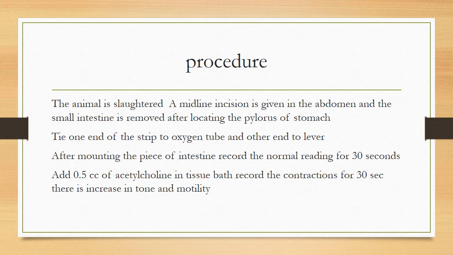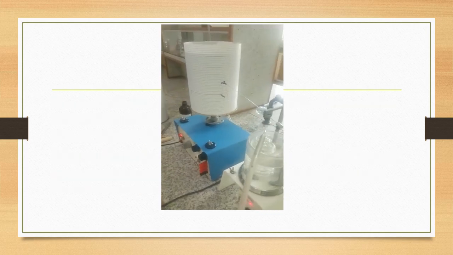Acetylcholine is basically a muscarinic agent, so it is involved with rest and digestion, and it increases the tone and motility of the intestine, which is shown in this video.